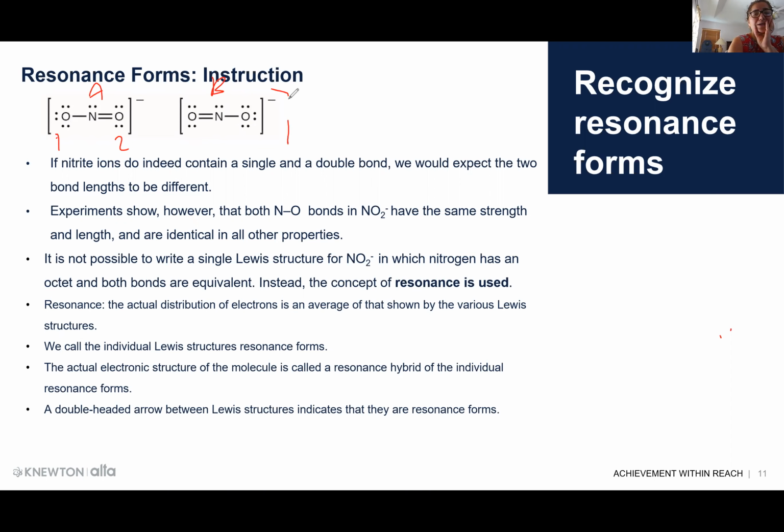If you have two resonances here, and someone asks what is the bond order for the nitrogen oxygen 1, half the time it is a single bond, the other half a double bond. So overall, it's going to be 1.5.